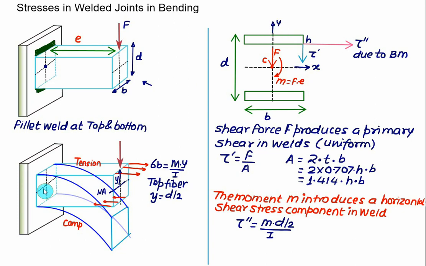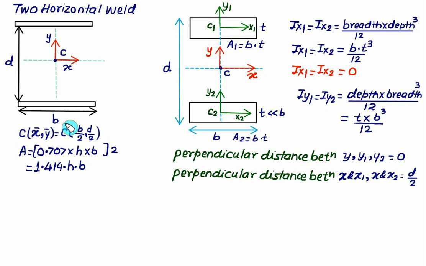If you check this figure here, this axis is our x-axis and this axis is our y-axis, and we have bending taking place about this direction. So this is the bending moment, that is the bending moment taking place about the x-axis.